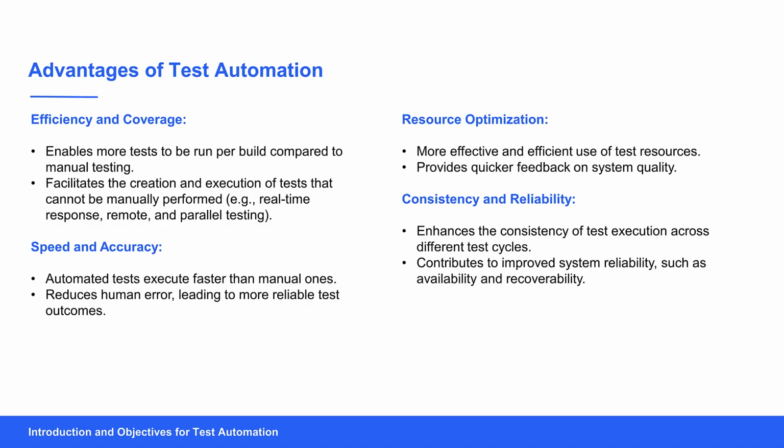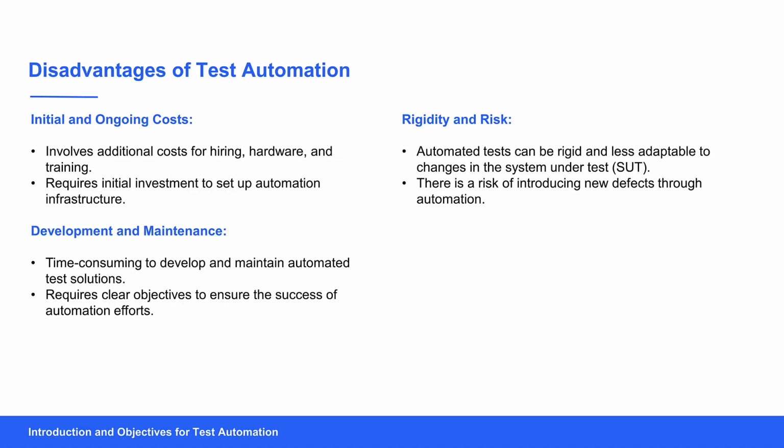Unlike manual testing, which can vary based on the tester's experience or even their mood that day, automated tests are consistent every single time they're run. Plus, since they're less prone to human error, the results are more reliable. All of these factors combine to give you faster feedback on your system's quality, which is crucial in today's fast-paced development cycles.